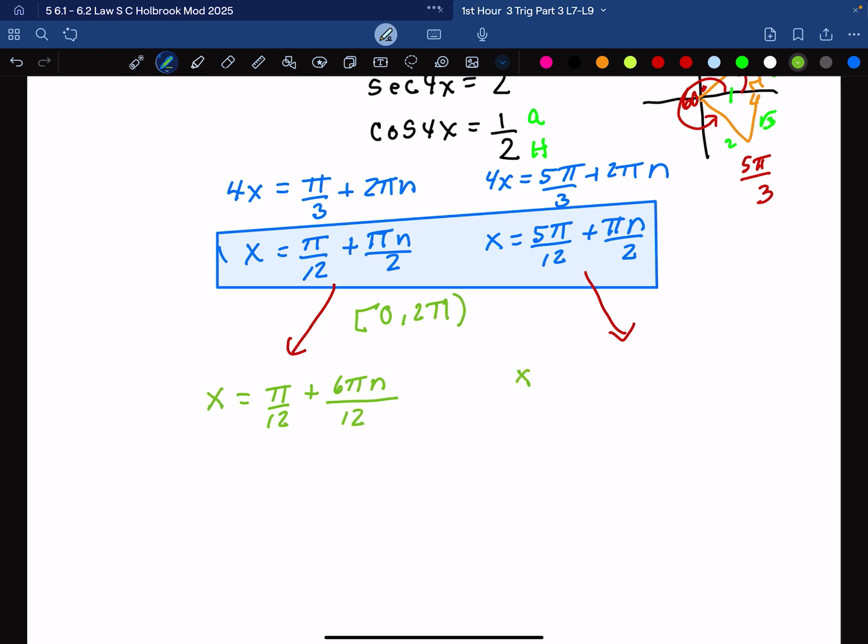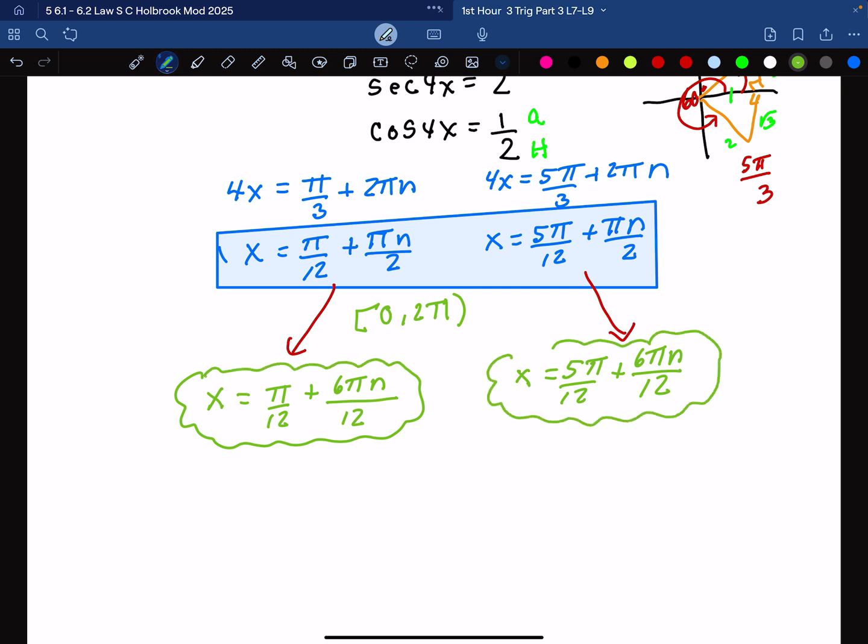And for this one, 5 pi over 12, multiplying the top and bottom by 6, I get 6 pi n over 12 again. So these are the two we're going to use to get the solutions within the interval of 0 and 2 pi.